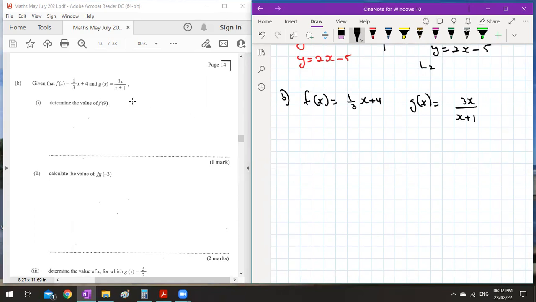Determine the value of f of 9. So basically, we're replacing the x value with 9 in this case. So 1/3 of 9 plus 4. This is similar to saying 9 divided by 3, which is 3, plus 4, 7. The function of 9 is 7.